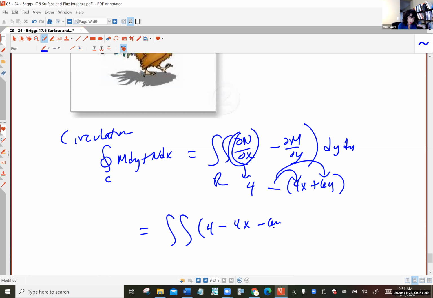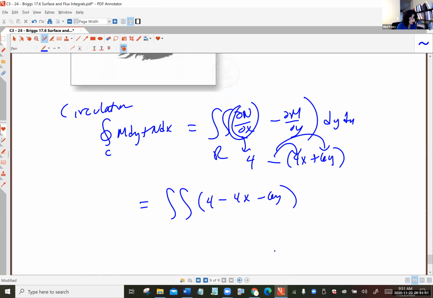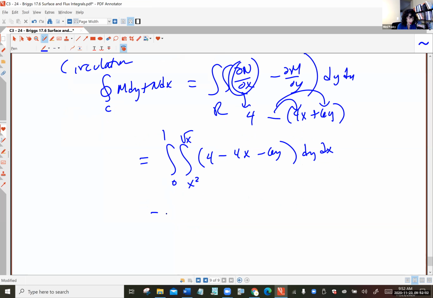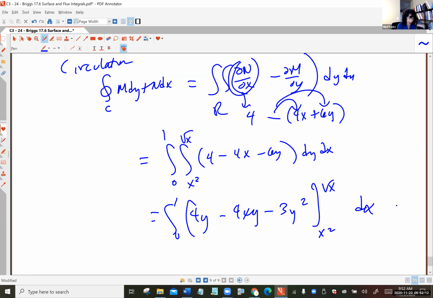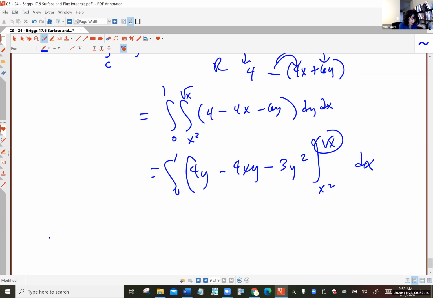So after distributing the negative here, I'm going to set up basically the same region. So x is still going from 0 to 1, and y is still going from x squared to the square root of x. And you know the drill. You're going to integrate with respect to y. Oh, man. Okay, 3y squared, and then evaluate that between x squared and square root of x. Plugging in your upper limit first.